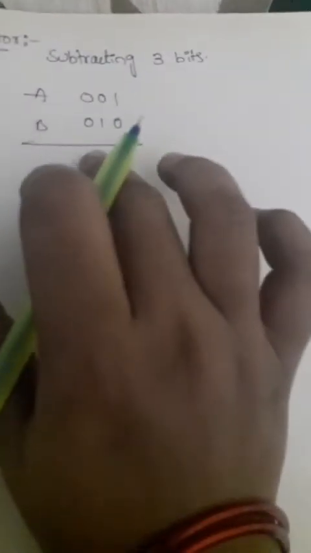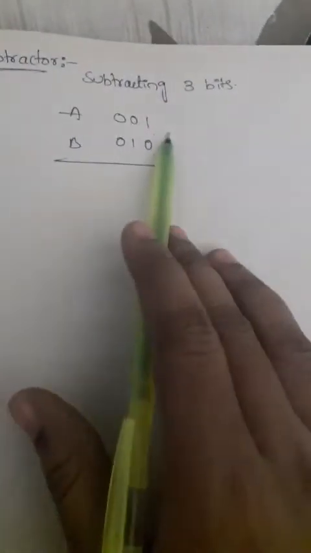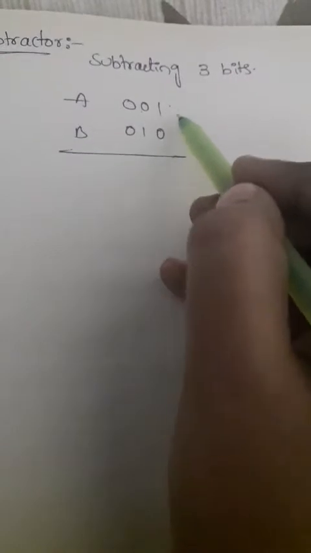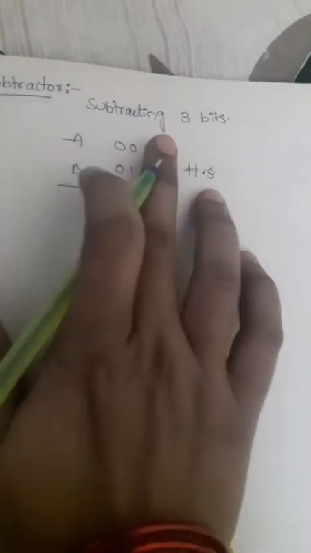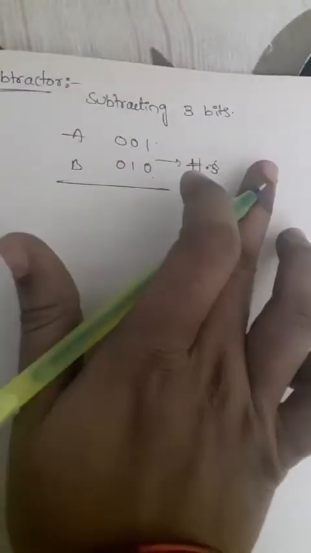If you want to subtract these two numbers, first we need to perform 1 minus 0, that means subtraction of b from a. By using the half subtractor, if you want to subtract these two numbers, compulsorily we need one half subtractor, because the half subtractor is nothing but subtracting two single bit numbers.